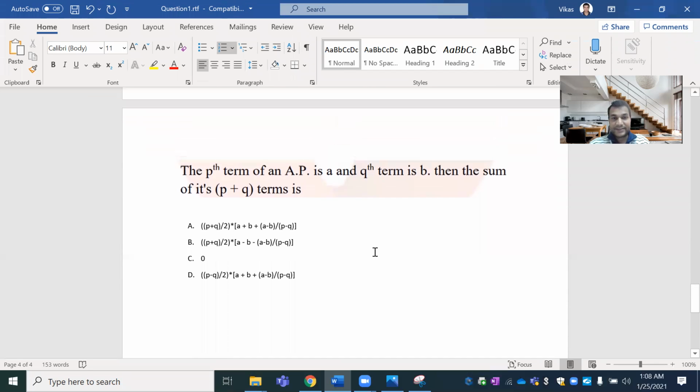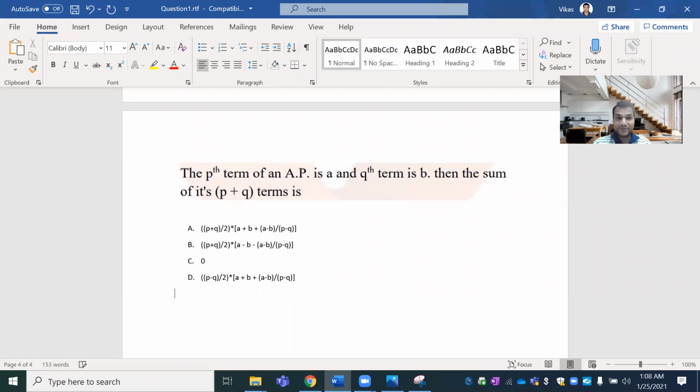So let's take an example. Let's suppose the AP is 1, 2, and 3. The pth term, let's take it as the first term, and the value of the first term is 1.